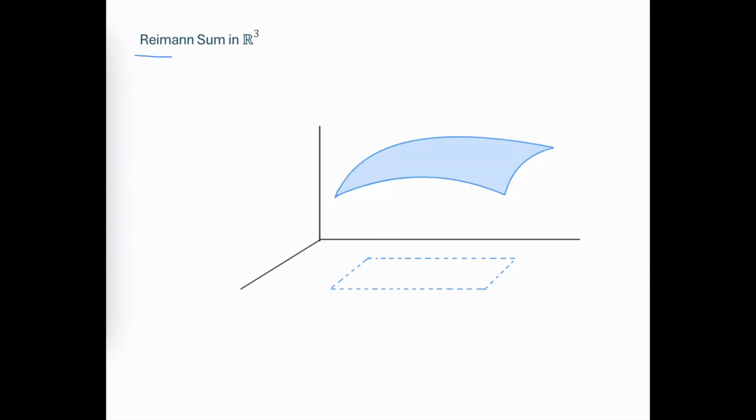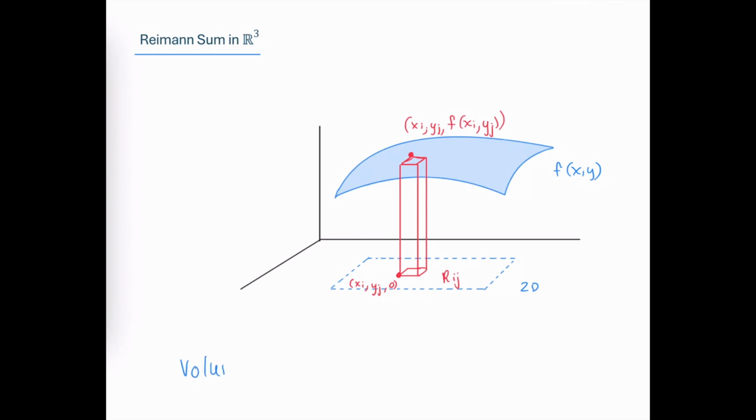The Riemann sum in 3 dimensions was calculated in a similar way. We had a 2-dimensional domain region, but this time we looked at the Rij rectangle within that 2D domain. We found a domain representative, x sub i, y sub j. We flew that up to the surface to get the volume of an approximating rectangular solid, where the height of that rectangle was determined by plugging our domain representative into the surface function, and the Riemann sum gave us an approximation for the volume between this surface and the domain region.